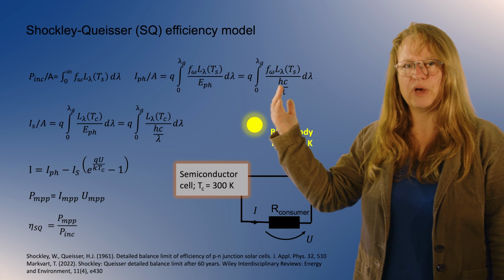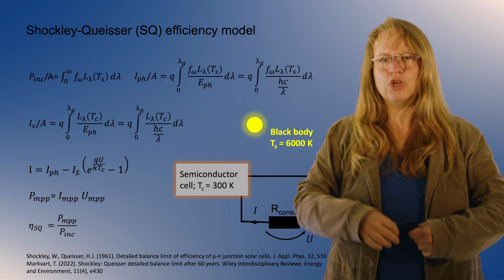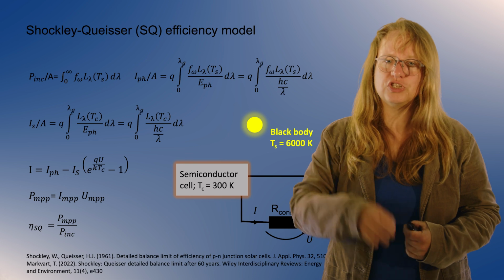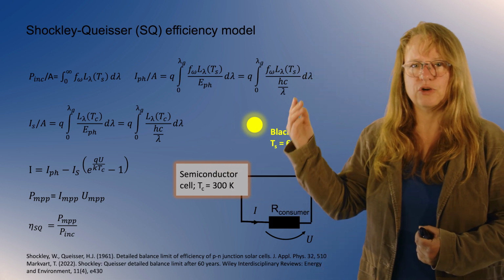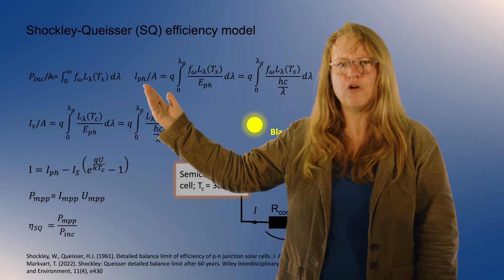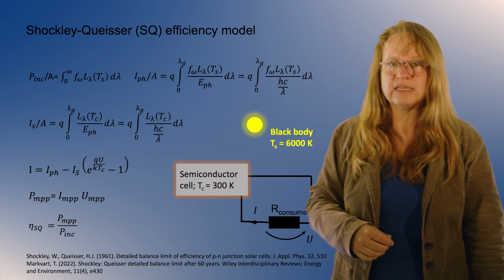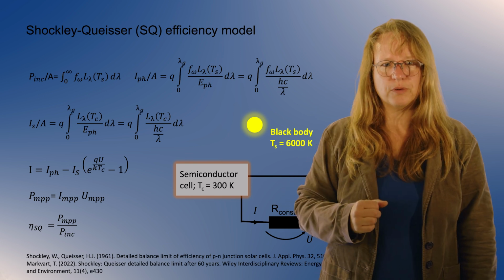And this number needs to be multiplied with q, assuming that we have unity conversion efficiency, that each photon generates one electron. So we calculate the number of absorbed photons, multiply it with q, and then we get the photocurrent for the ideal case of unity conversion from photon to electron.